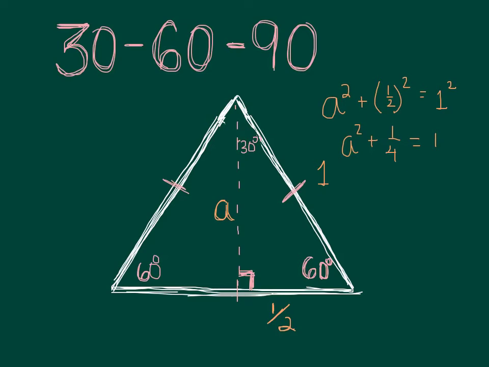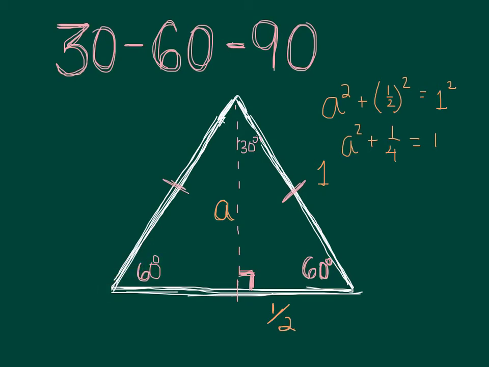In order to create a right triangle, I've then drawn a dashed line down the center, so breaking this top 60-degree angle into 2 separate 30-degree angles, and dividing the bottom into 2 pieces, each of which is half of what the whole base used to be.